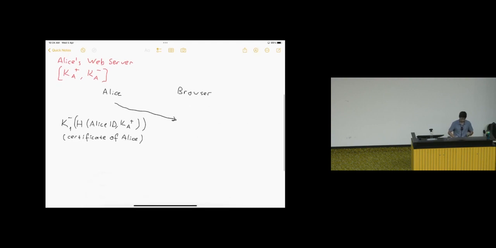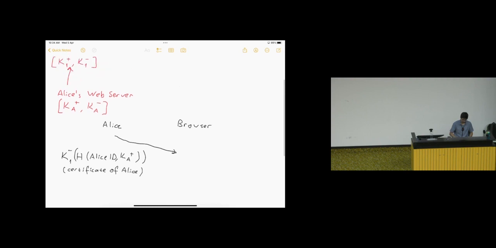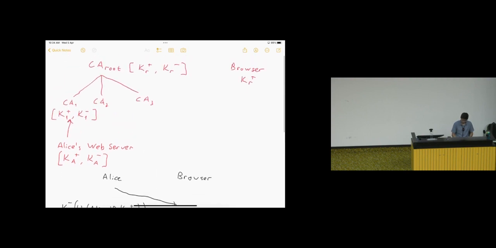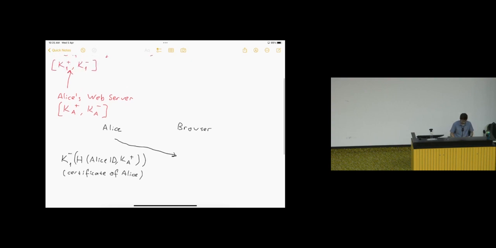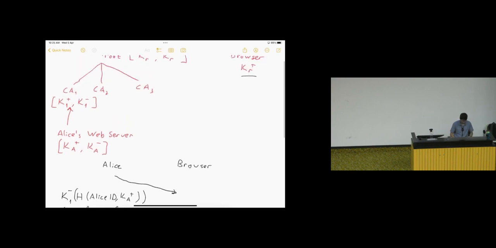So let's say you receive this. You receive the certificate of Alice certified by K1 minus. But your browser only knows the public key of the root certificate authority. So what it does is that it contacts, your browser contacts the root certificate authority, and you usually obtain the IP address of the root CA. I'm sorry, you do not contact the root certificate authority.